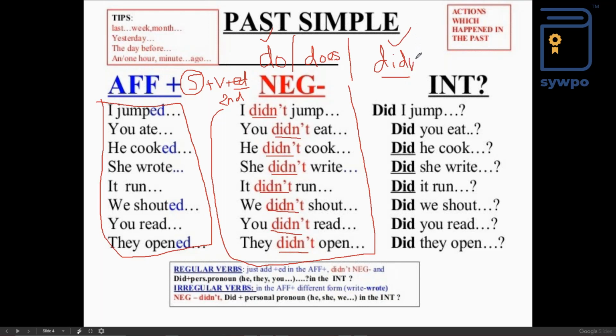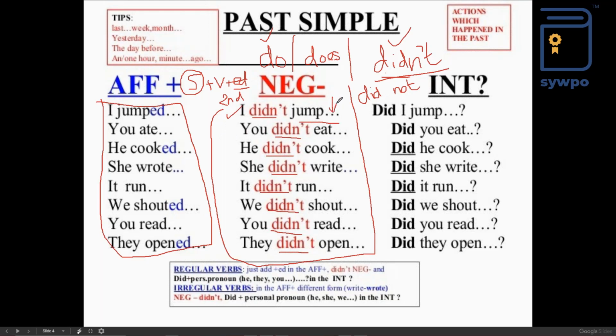And to make it negative, you write not after did. So it becomes didn't. If you write it short, you can also write it in full form. It's up to you how you want to write it. Did, but you have to have a space in between. So did not, didn't or did not. And here you have the examples. Look, I didn't jump.